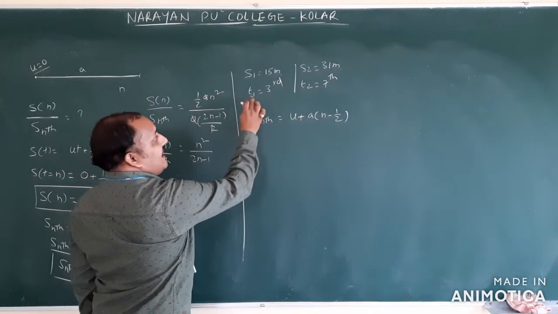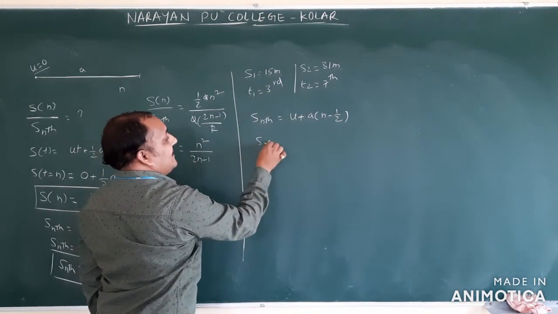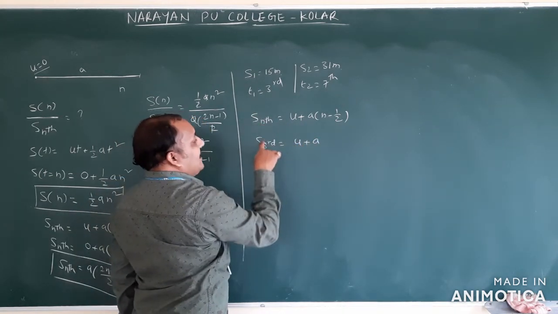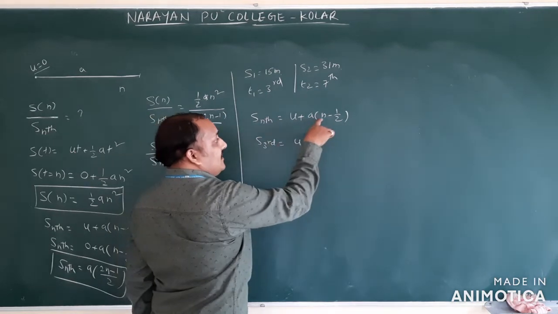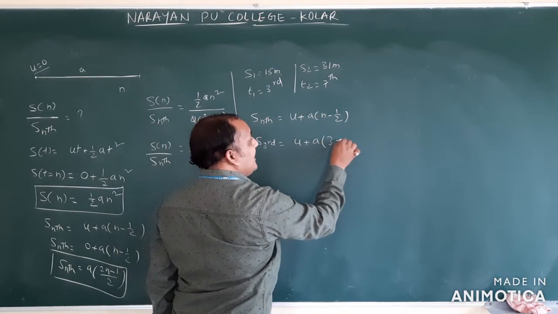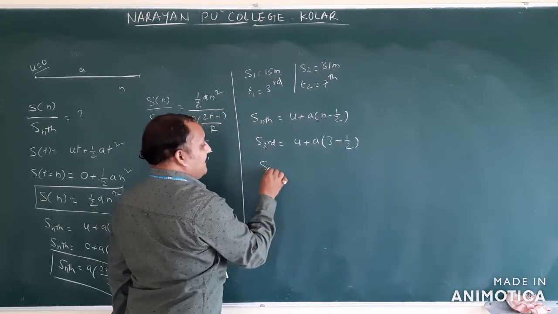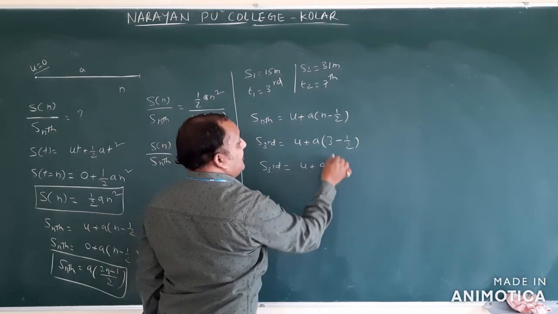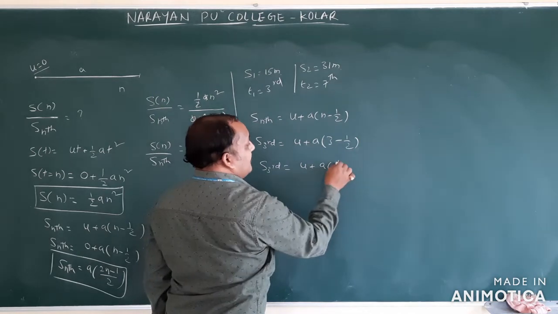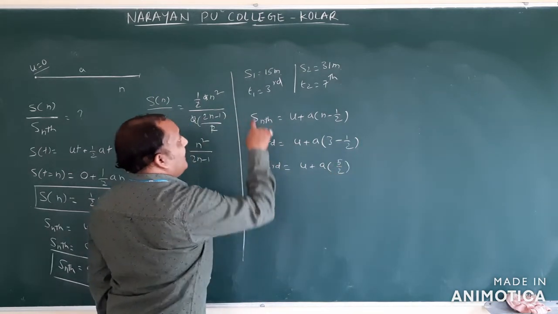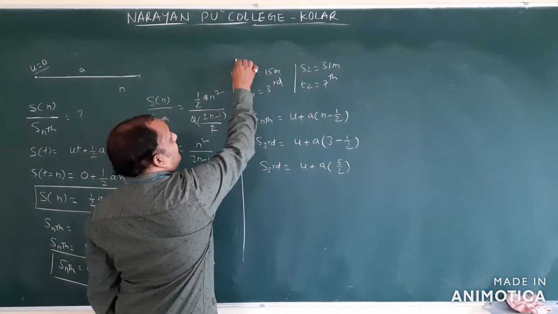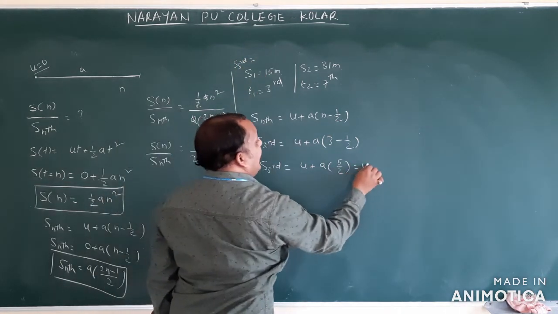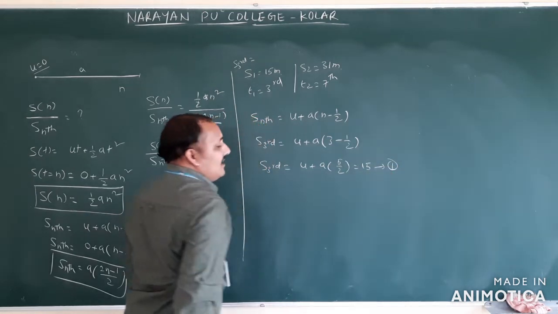First, the third: S3 is equal to U plus A into, in place of n we took 3, so (3 minus 1) by 2, that is, (6 minus 1) by 2, which is 5 by 2. The third second value is S1, which is 15. So this is equation number 1.